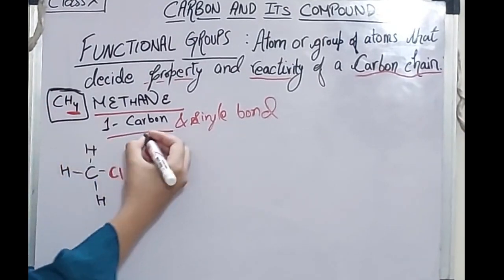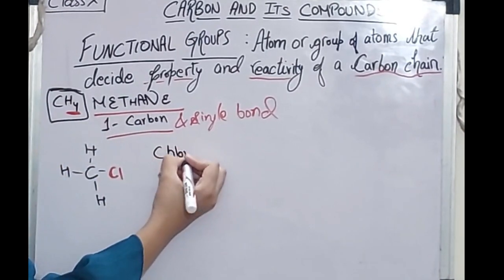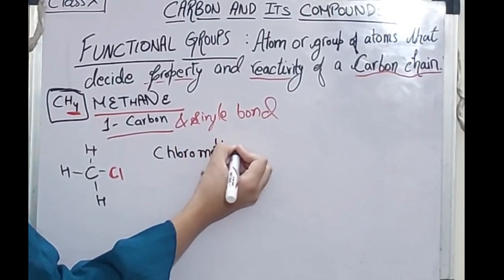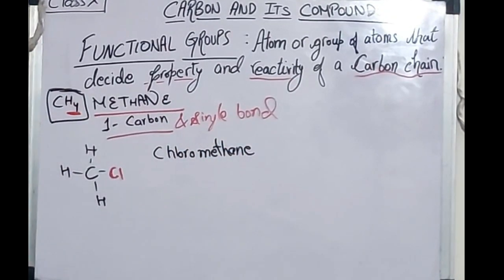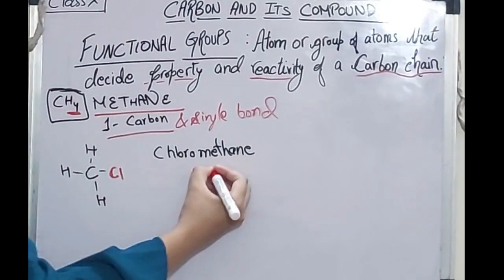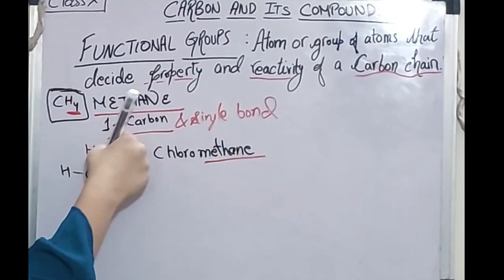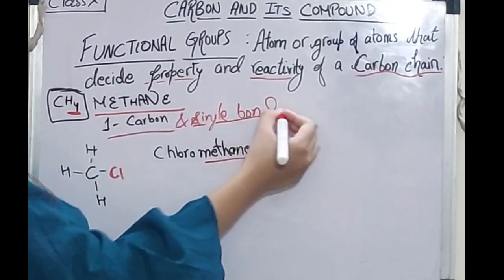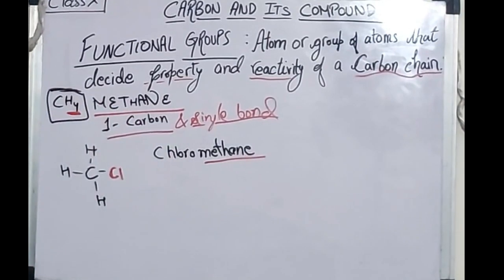Its name will be like क्लोरोमीथेन. So now can you see the thing I was trying to tell you, मीथेन मतलब एक कार्बन, meth means one carbon, ane means a single bond, that it is.